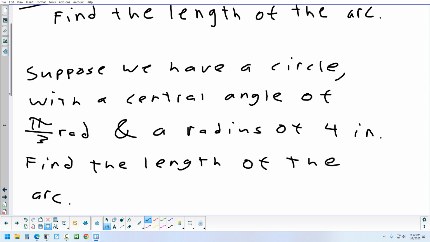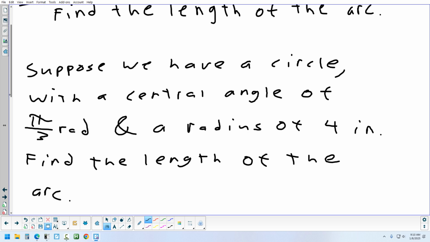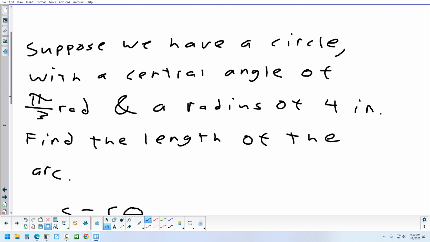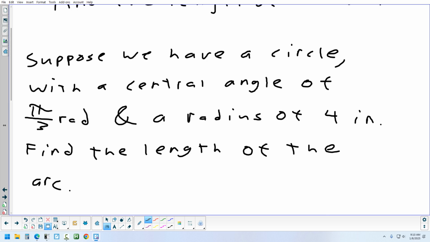So we've got a circle with an angle of pi over 3 radians. And the circle has a radius of 4 inches. Find the length of the arc. If you want a visual for what we're doing, we can do it. So there's your circle.